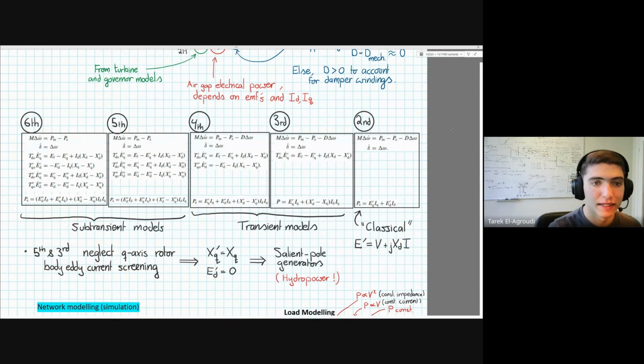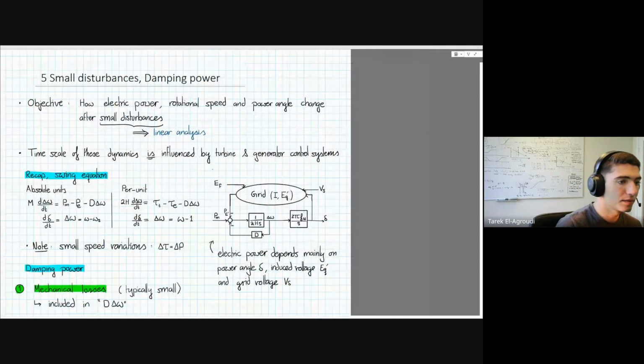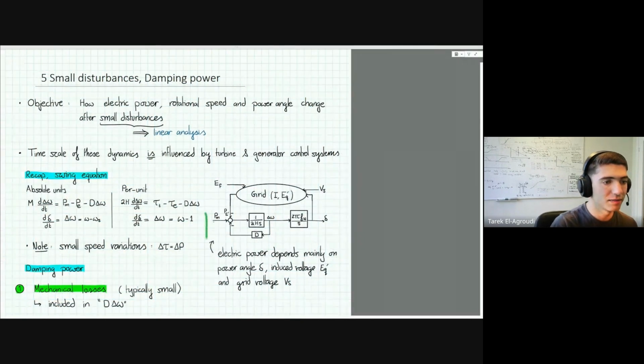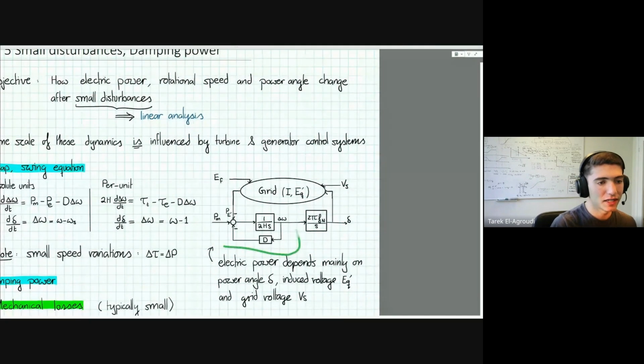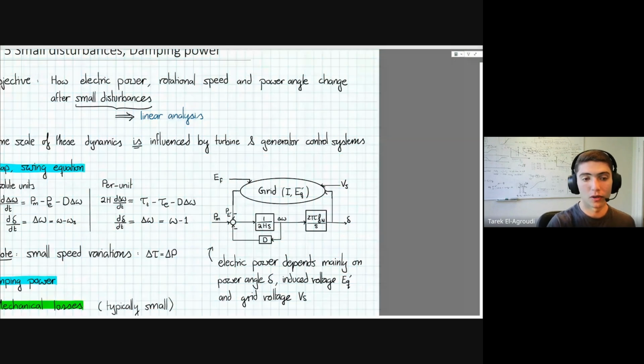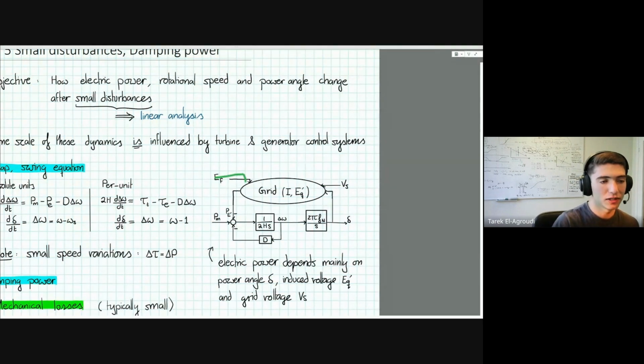Starting with the linear analysis, as a recap, you had this block diagram, and there you had the swing equation driven by the power imbalance. Integrating gives the rotor angle, and then the rotor angle, your grid voltage or terminal voltage, and your induced voltage form this electrical power.